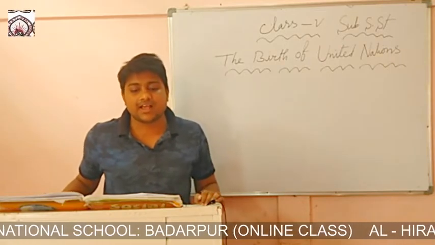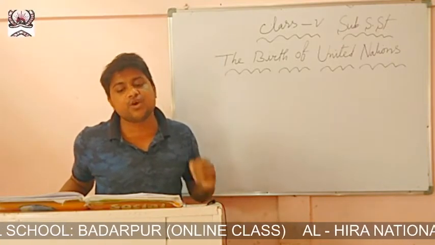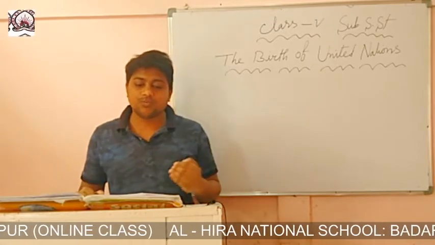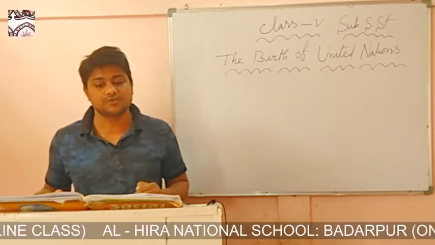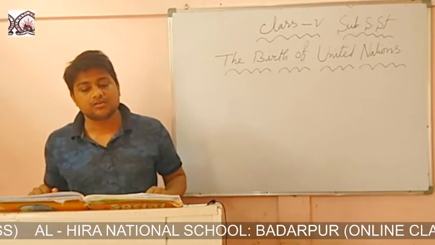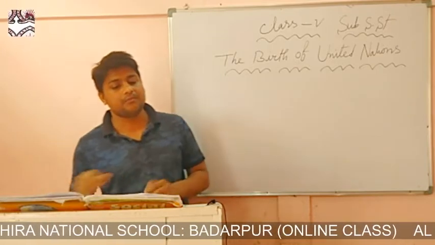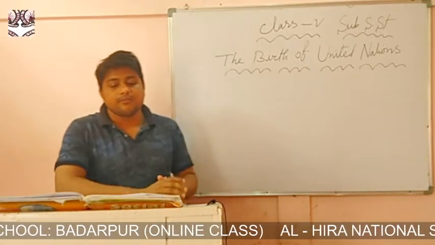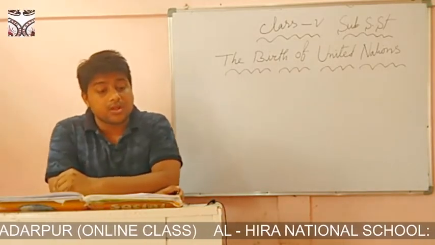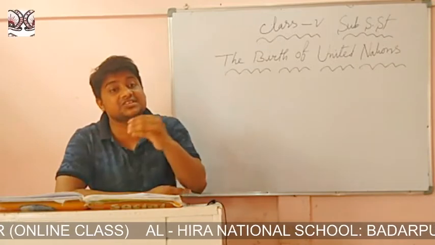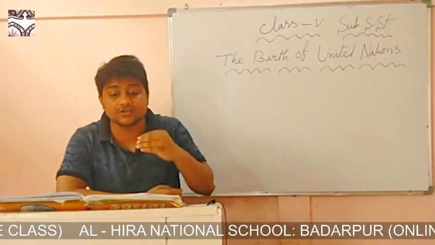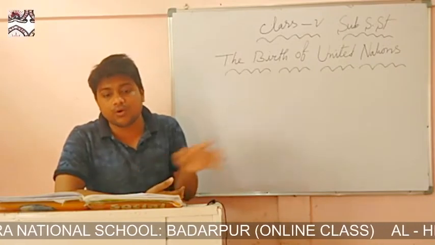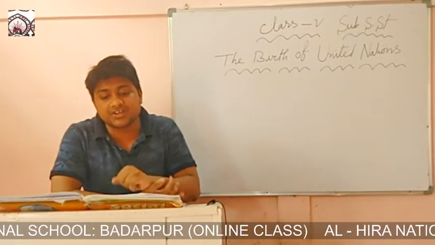Today the UNO has been able to achieve many of its goals, but it is yet to solve many other problems of the world, such as illiteracy and poverty.